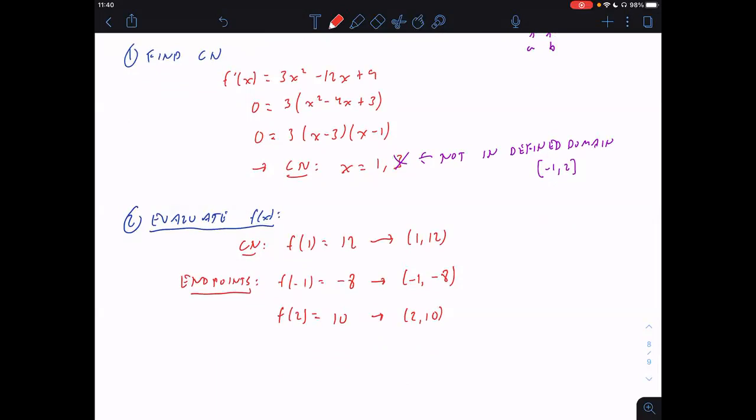Okay, so now what we do is we look for the biggest y value of these 3 evaluations, and that will be our absolute maximum. So in this case, the biggest output was when x equals 1. So 12 is where we find our absolute maximum.